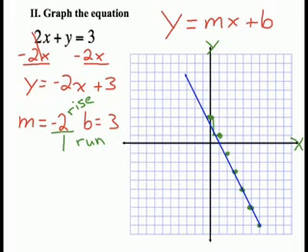Once we have all our points plotted on the graph, we then connect them by drawing a line through them. And there is our line for 2x plus y equals 3.